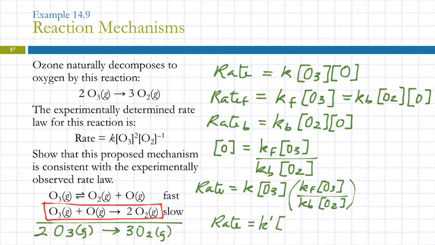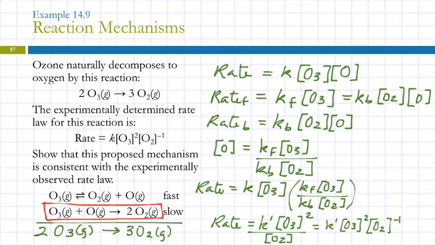So that's going to be the concentration of O3 squared, divided by the concentration of O2. So I could write that down here, or that's K prime [O3] squared and [O2] to the negative 1, which matches the experimentally determined rate law.